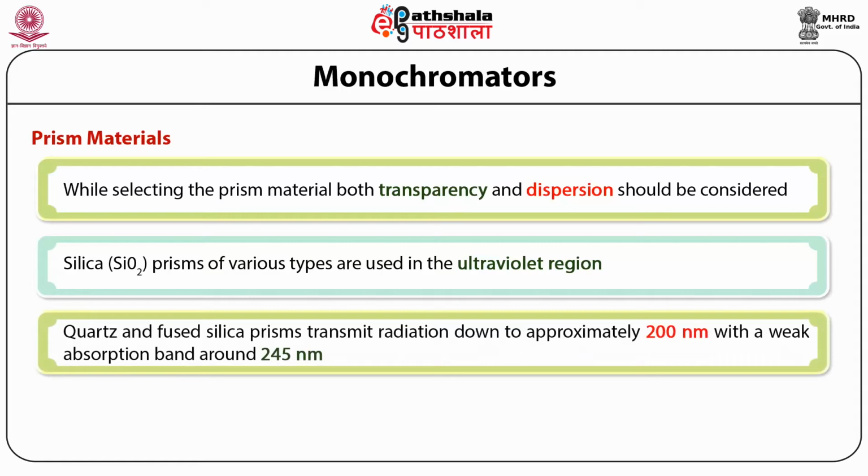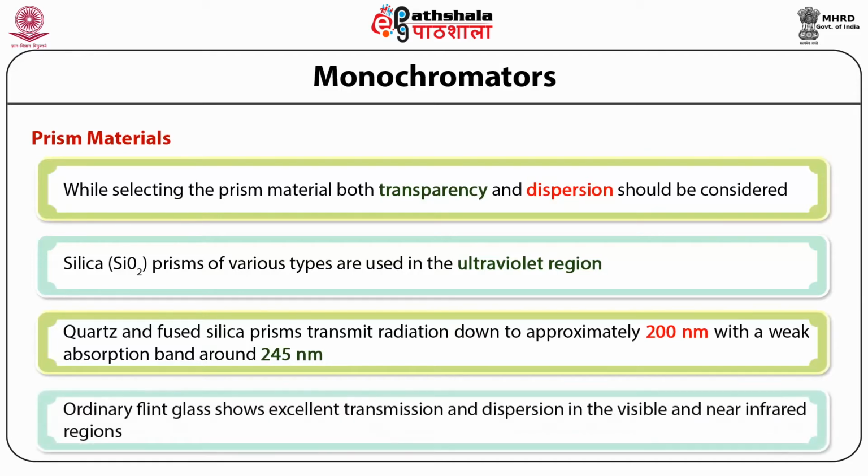Quartz and fused silica prisms transmit radiation down to approximately 200 nm even though a weak absorption band appears around 245 nanometers. Ordinarily, flint glass shows excellent transmission and dispersion in the visible and infrared regions.